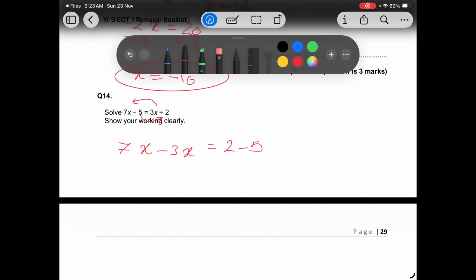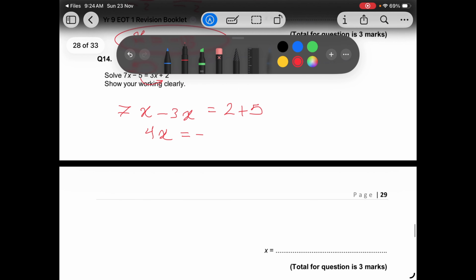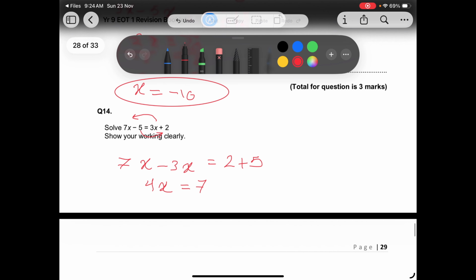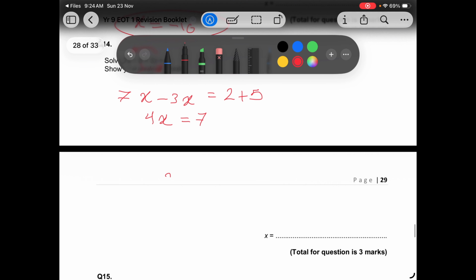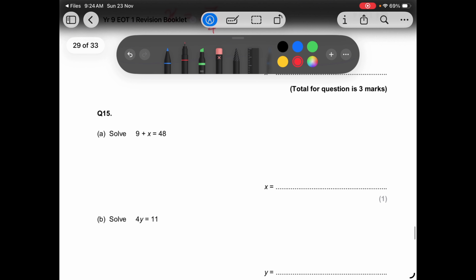So here I have 4x, sorry, this is plus 4x, okay, equals 7. Then I can simply divide both sides by 7. Then x will be 7 over 4, okay. You can keep it like this or decimal using a calculator, the way you like.